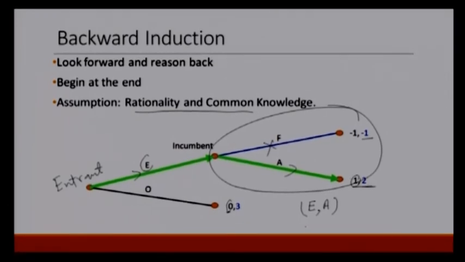So, we are looking forward, but we are reasoning back. In other words, we begin at the end. This is called the backward induction technique, and this is very useful in giving solutions to most extensive form games. Later on we will learn that there are some problems with backward induction, so we need a more elegant solution technique. We will talk about it a little later.